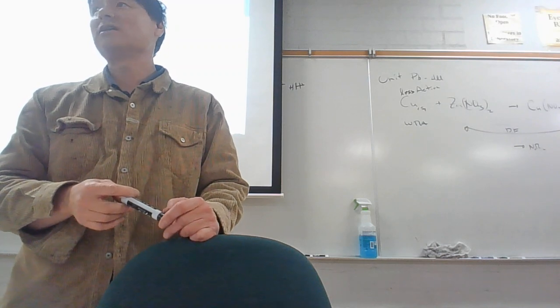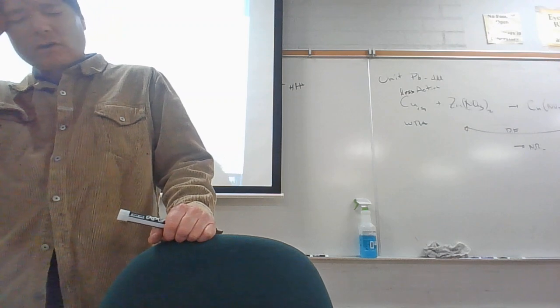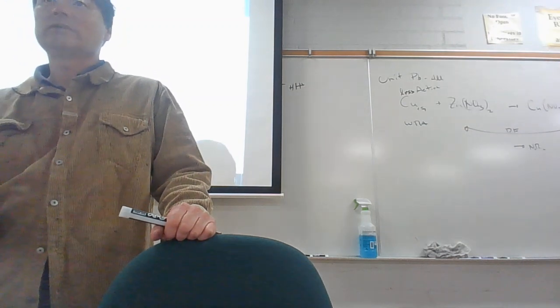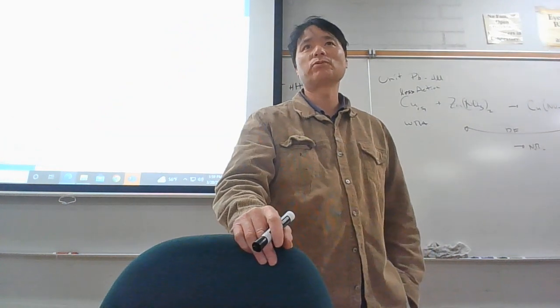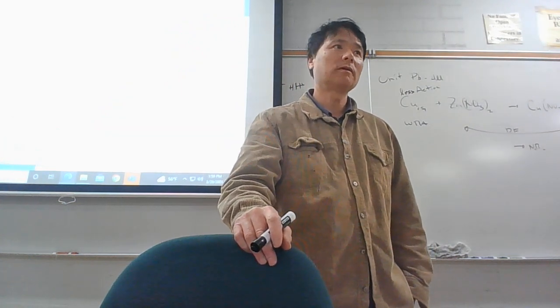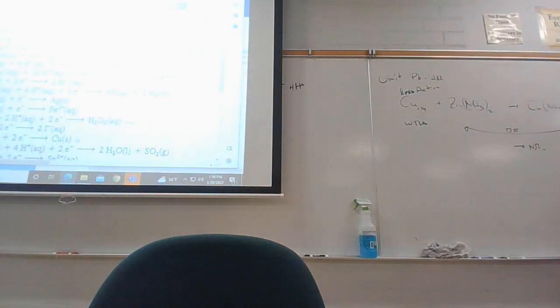You think quarters last longer? Yeah. The pennies will start to tarnish before the quarters will, usually. And silver jewelry versus copper jewelry. You know, which one's going to last longer? Probably silver, right? And so we probably don't even need the chart for this. We know that copper is more active.